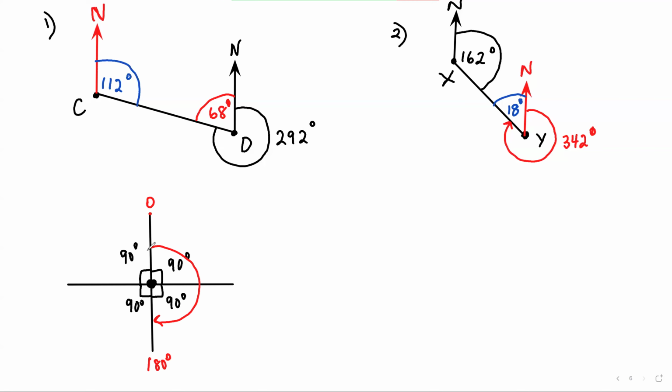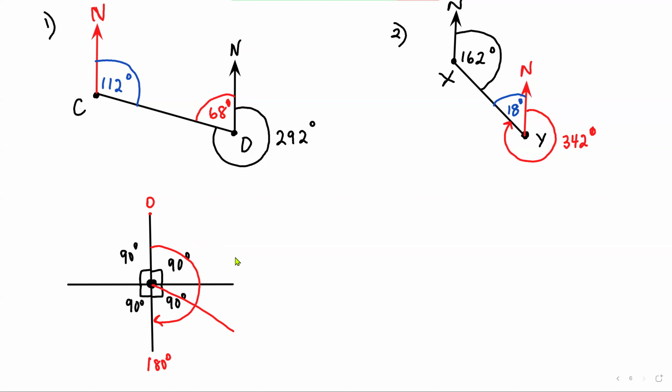For example, an angle like this might be 45 degrees, right? And then an angle from here to here is going to be more than 90 degrees but less than 180. So that might be like a 120-degree angle, right? So any angle between 0 and 180 degrees will be on this side, okay?